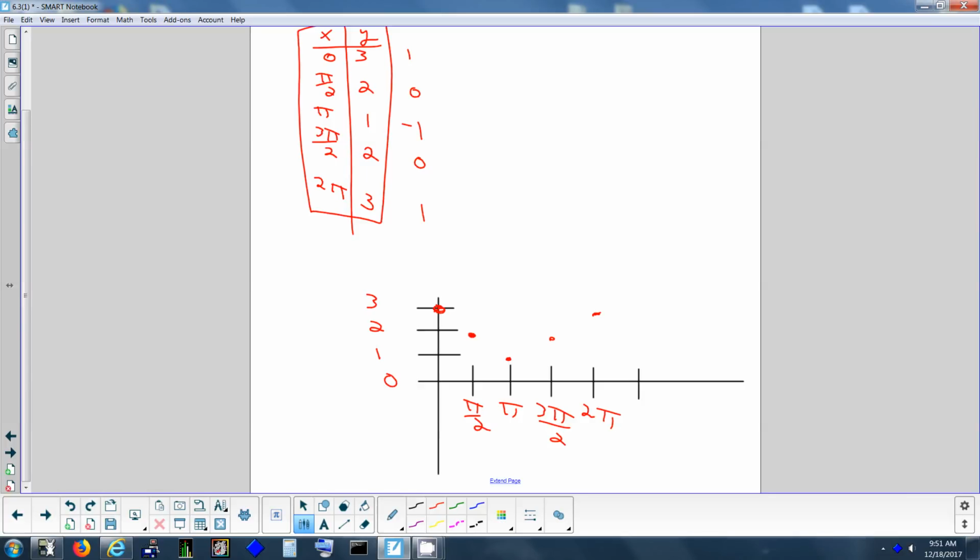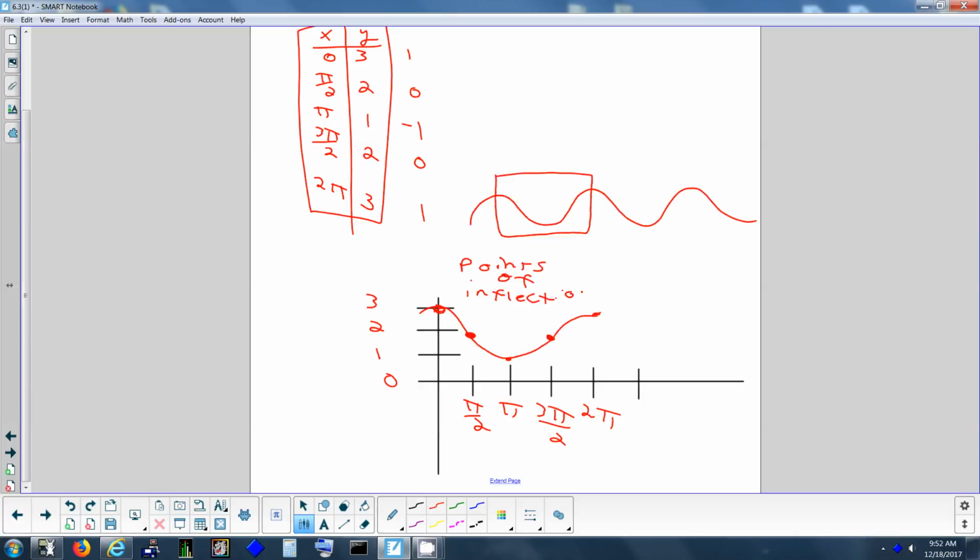Okay. Now that kind of looks like a V, but remember, it's this section of a wave, so it should have some curvature to it. And actually, in calculus, you'll learn what these 2 points are called. Those are called points of inflection. What that means is the curvature is changing at that point.